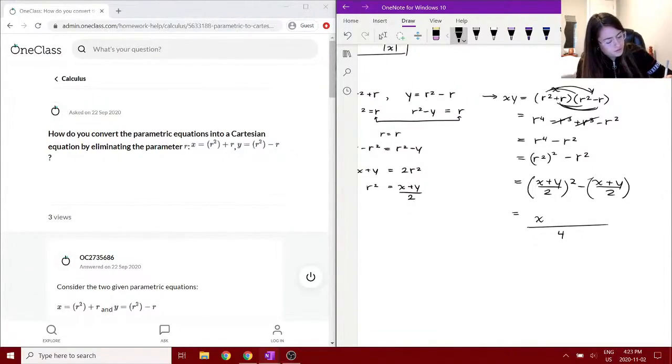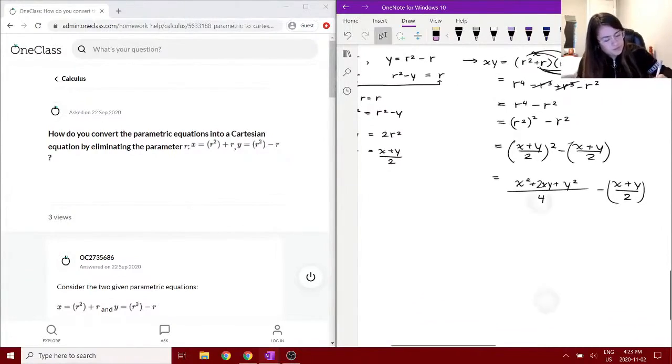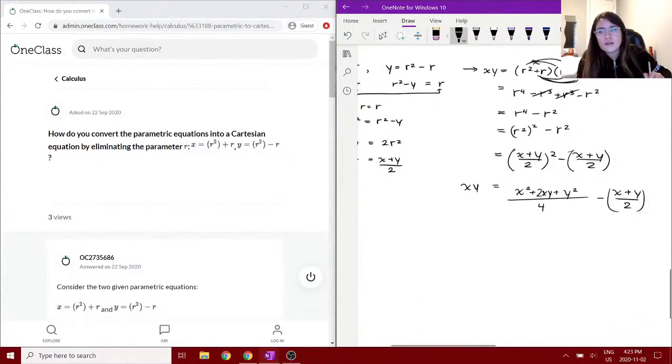And I like to think of the little saying, square the first, square the last, and in the middle we have the first times the last, doubled. Then minus x plus y divided by 2, that just stays the same. And don't forget we have an x times y on the other side.